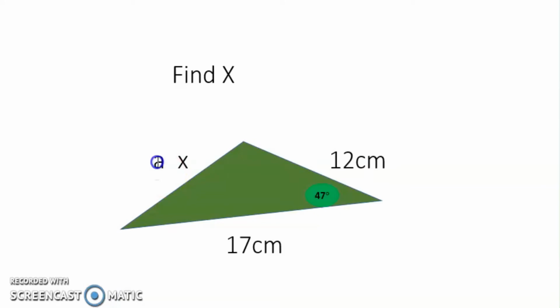Now automatically, if this side is small letter a, then the angle here will be what?